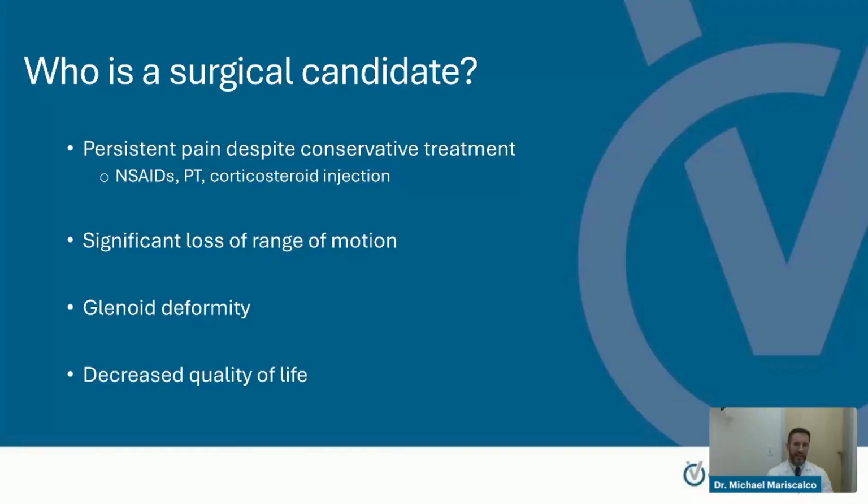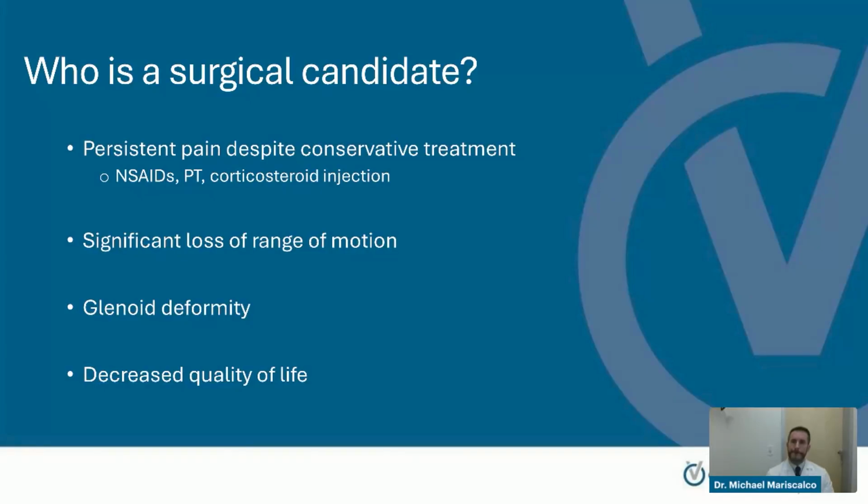There can be variations of that deformity. And then a question that I often ask patients is, how much does the problem affect their quality of life? So these are all considerations to be looked at for who's an optimal surgical candidate.